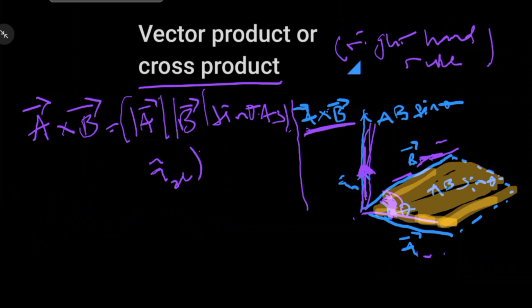So there are key properties to the cross product. Let's talk about the geometric interpretation.